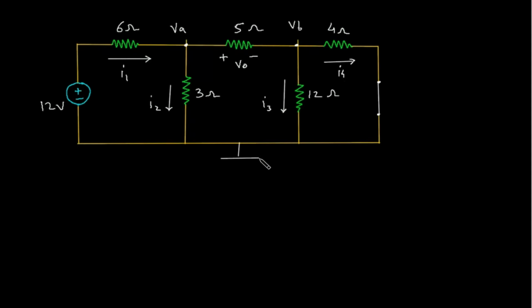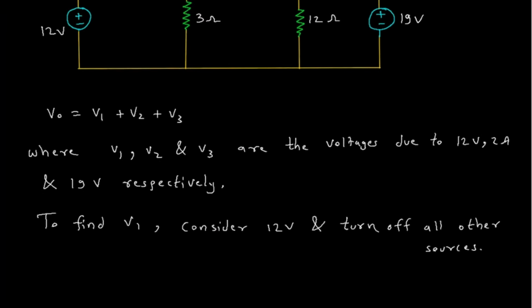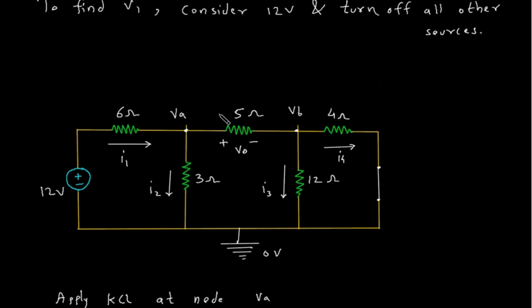Let's say this is reference node grounded with 0 volt. Let's say this is current Io.